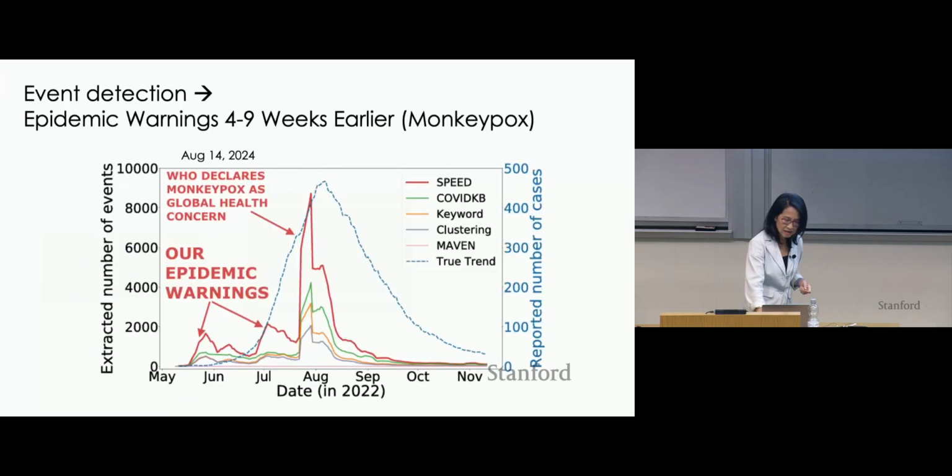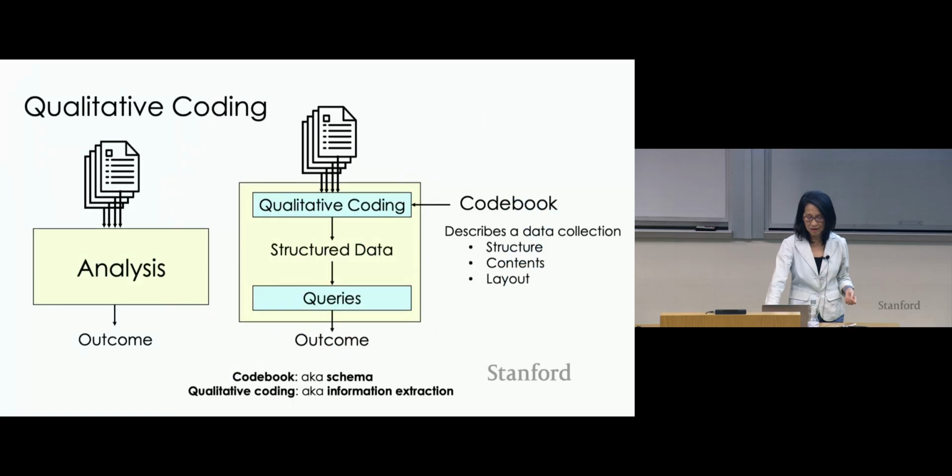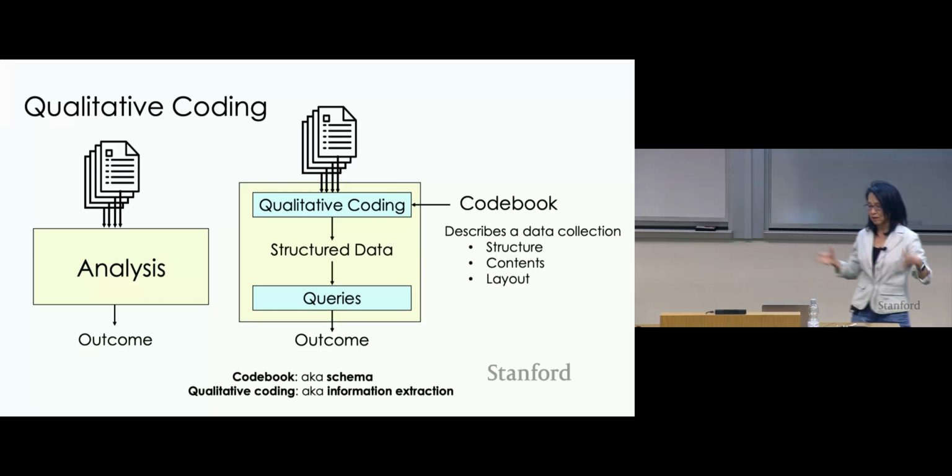So that's a very good example of what you can do with epidemics, even detecting epidemics. And there's almost no other way for you to find out information like that, because it really has to come from the individuals. So what we see here is that a typical technique is that you don't leave it in free text. You actually code it.